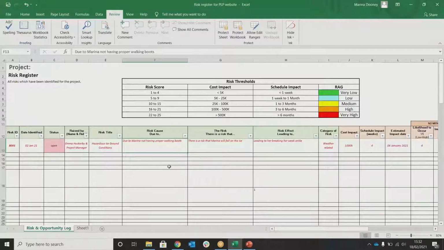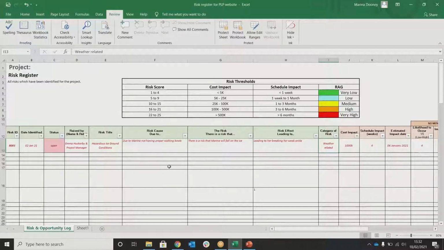That leads us on to the next column there, which says category of risk, using this to summarize the risk area. I came from a project which had functional heads. It was a functional matrix structure project, which meant we had a commercial function, a project management function, and then a planning function.